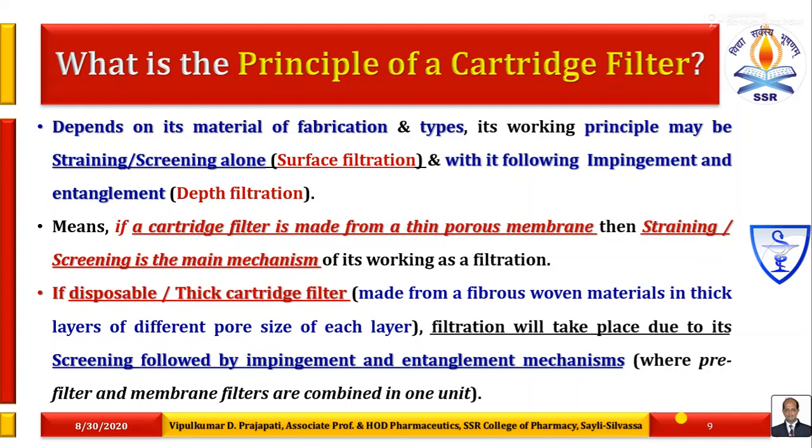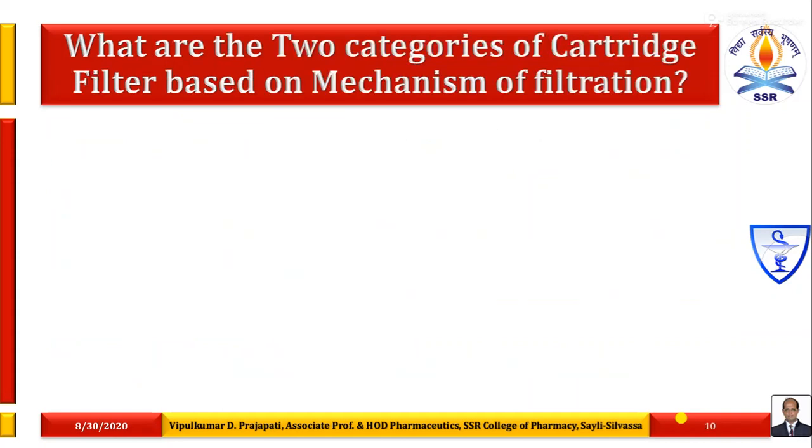So the pre-filter and the main membrane filters are arranged in sequence on one core. So this is the principle of a cartridge filter.